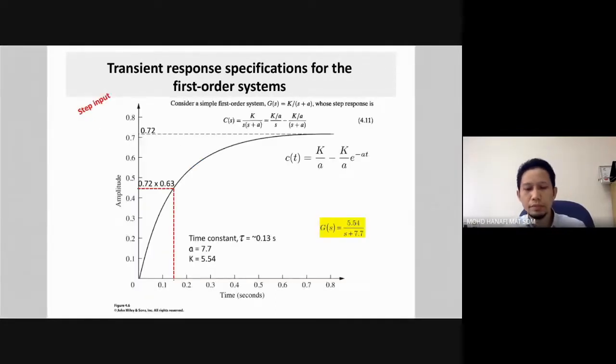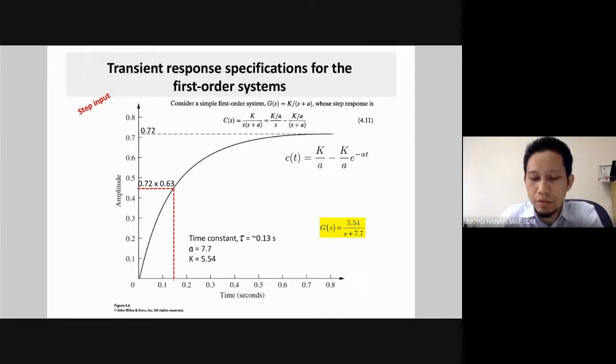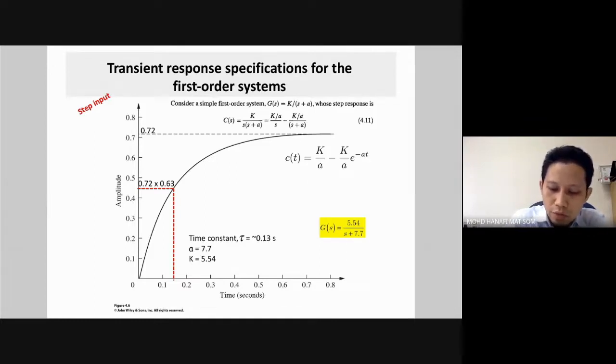Okay, let's see an example here. Let's say we have our first order system G(s) equals K over s plus a, where our step response is C(s) equals K over s(s plus a). The s here comes from the input, 1 over s, step input.